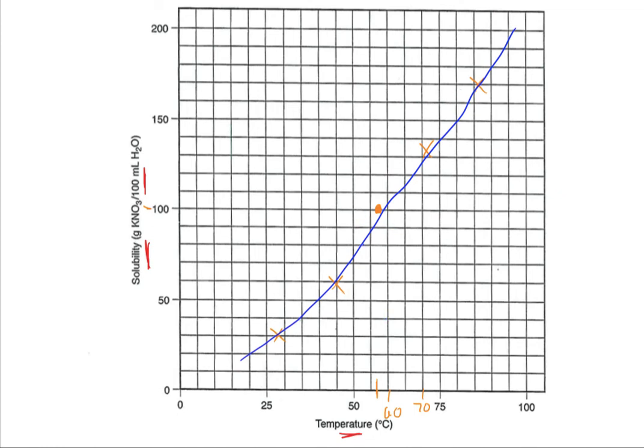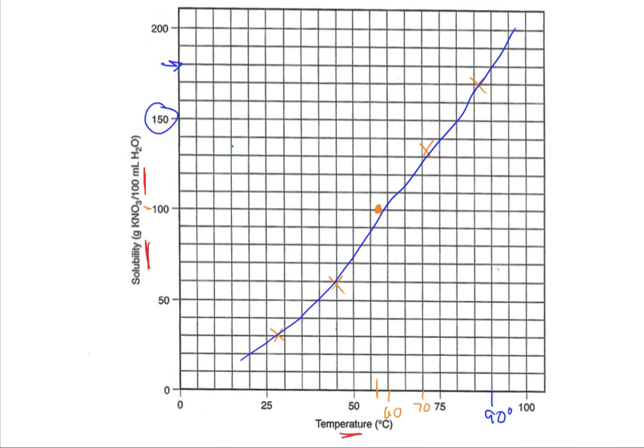And then you can use that line, for example, if I want to know the solubility of the potassium nitrate at 100 and, actually, I should go the other way with this. Let's do, let's see, this is about 90 right here. So at 90 degrees, the solubility would then be something about right here.